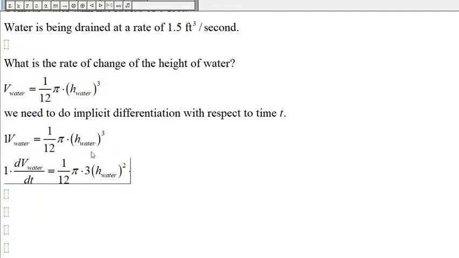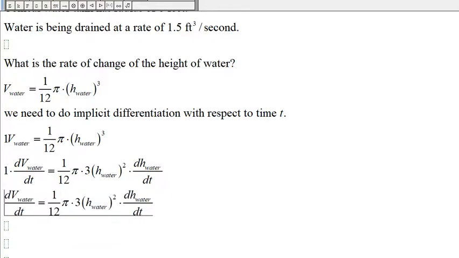Since the variable here is h and we're differentiating with respect to time, the chain rule says we multiply by dh divided by dt. So 1 times dV dt is just that, and 1/12 times 3 is 3 over 12, which is 1/4.